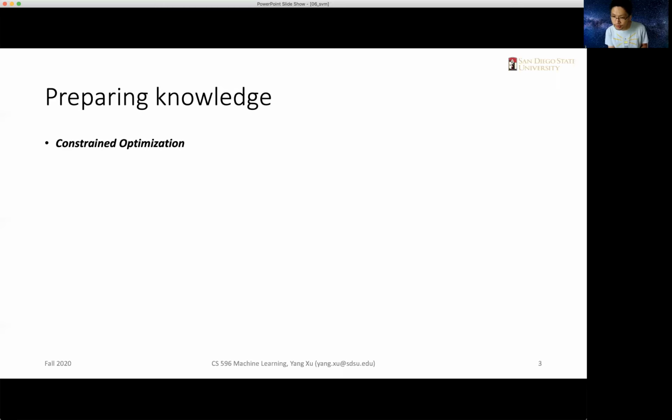I see a question: if SVM requires less computational processing power, what is the primary advantage of using deep learning today? That's a very good question, okay? Because deep learning is capable of discovering or identifying hidden patterns in data that in most cases SVM is not able to capture.